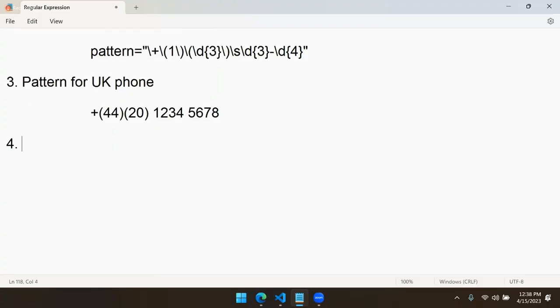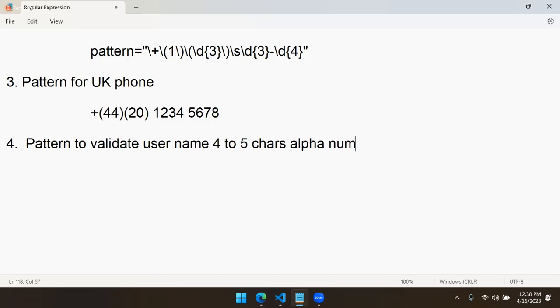Now, suppose I want a pattern to validate a username of 4 to 15 characters, alphanumeric. How?